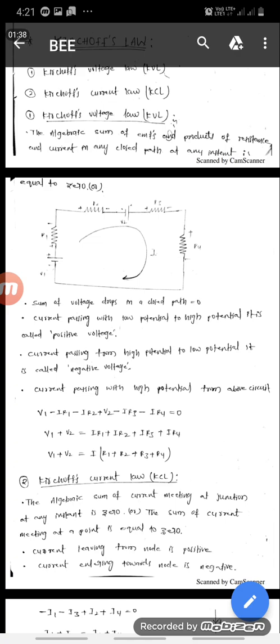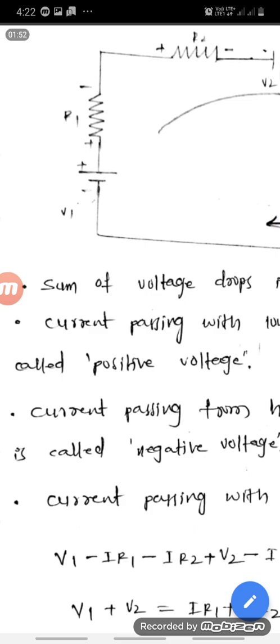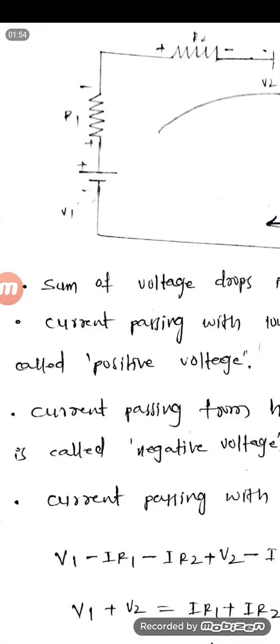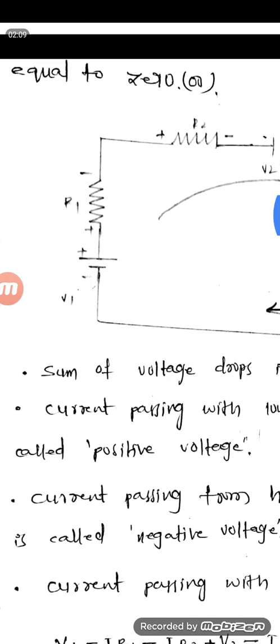Whenever the voltage is rising, we take it as positive. Whenever the voltage is falling, we take it as negative. In this circuit, if you take the clockwise current direction, V1 goes from lower potential to higher potential, minus to plus, so it is taken as positive.